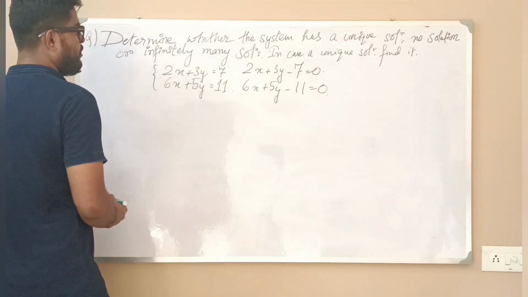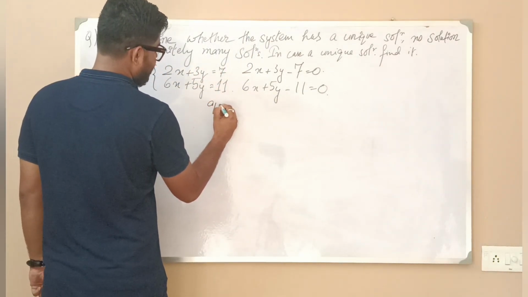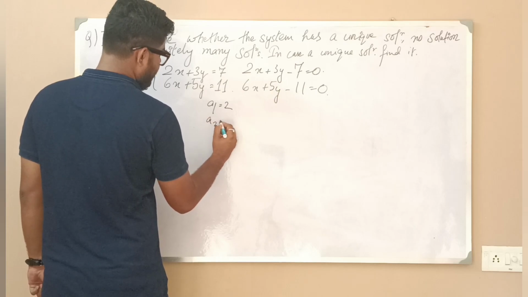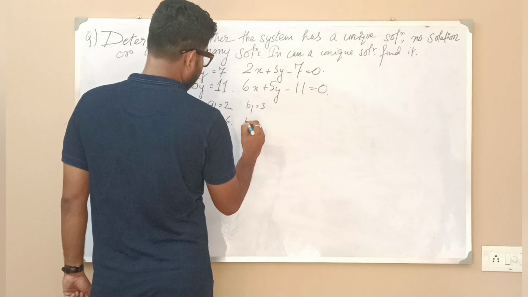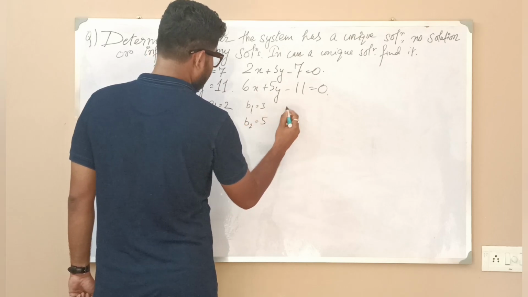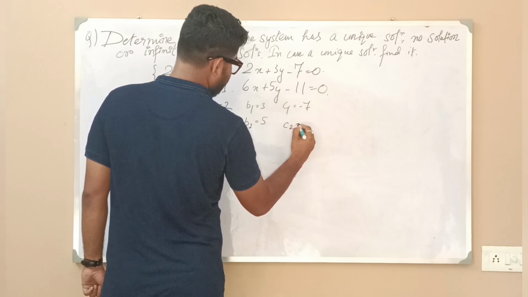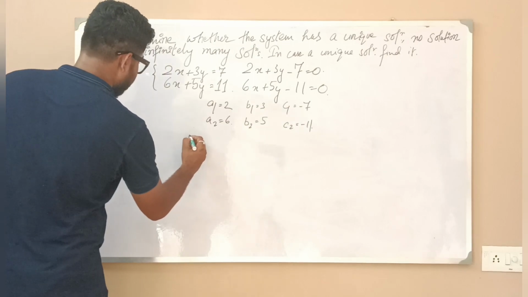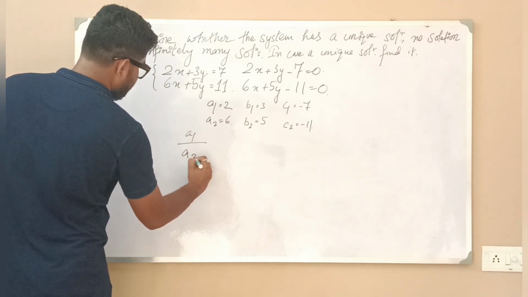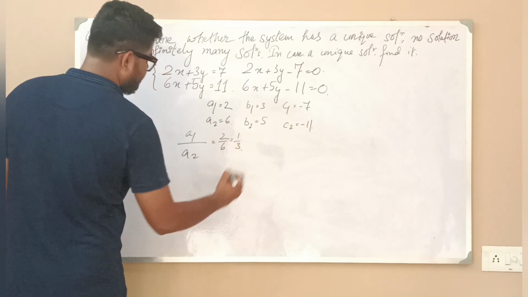So over here a1 is 2, a2 is 6, again b1 is 3, b2 is 5, c1 is minus 7, c2 is minus 11. Now a1 by a2 equals to 2 by 6, that is 1/3.